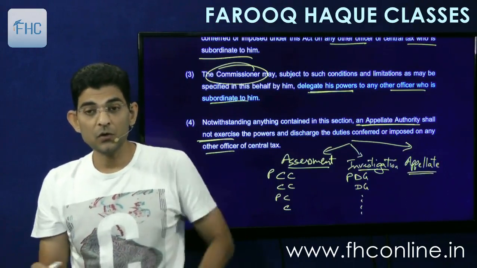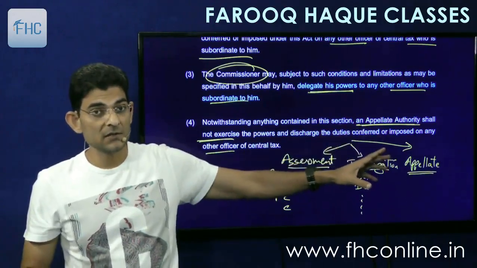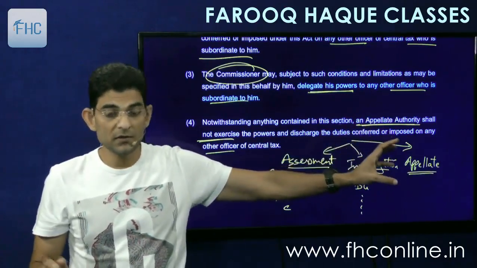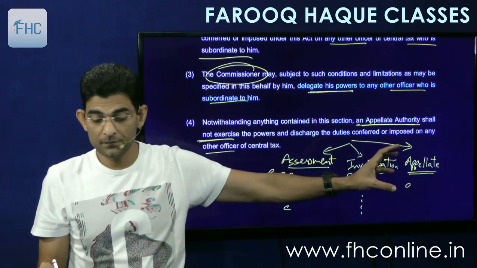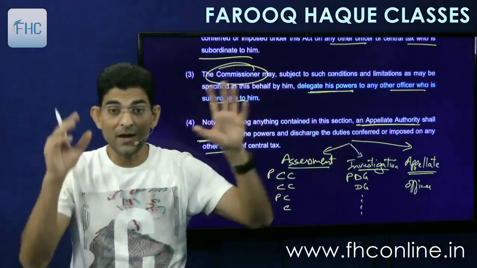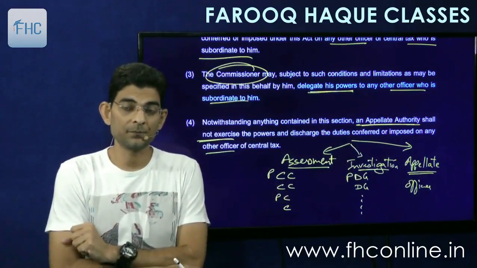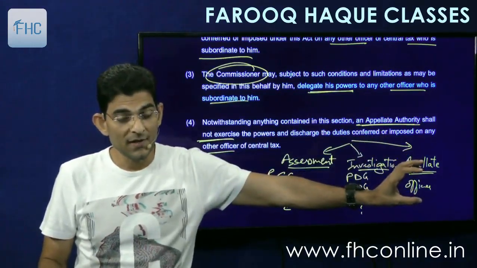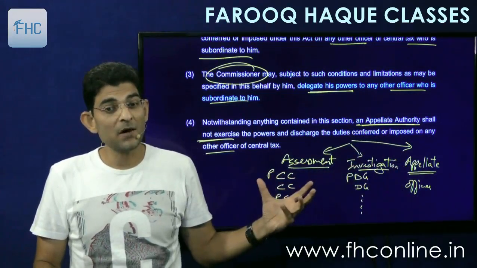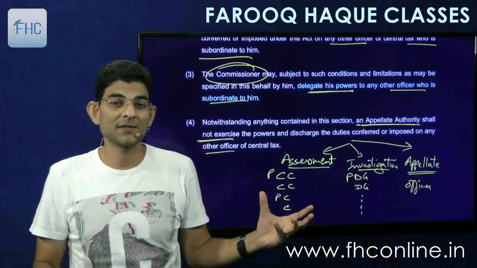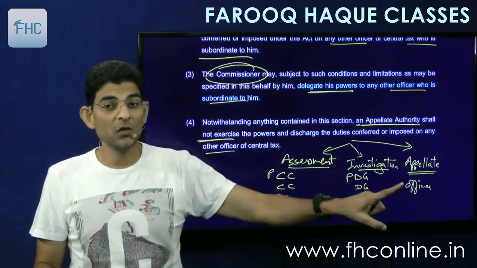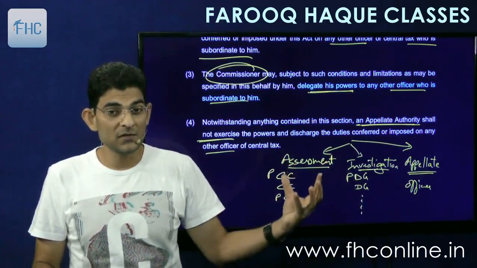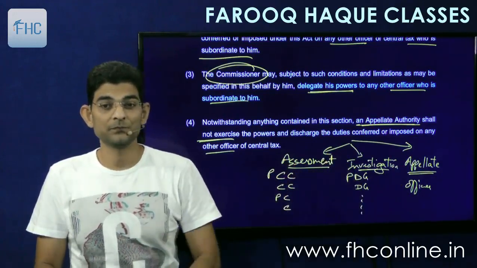In the appellate wing you have the commissioner appeals, deputy commissioner appeals. So here the appellate officers are there, officers who hear and decide appeals. This we'll see later on. Now the point is that if an officer is an appellate authority, he cannot exercise the powers of assessment wing officers. So he cannot do anything which those officers can do.